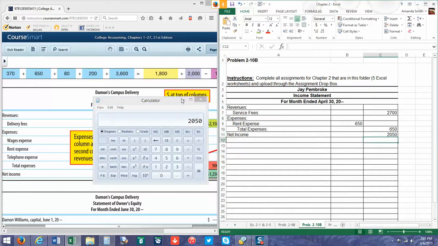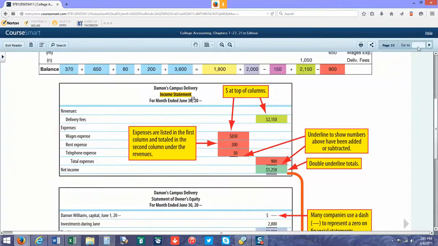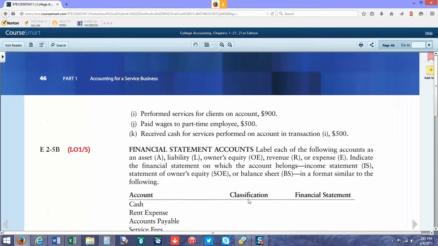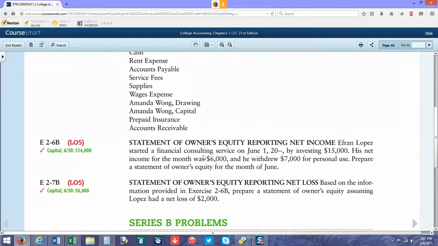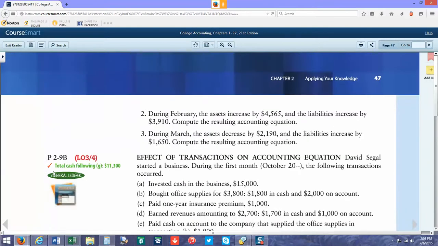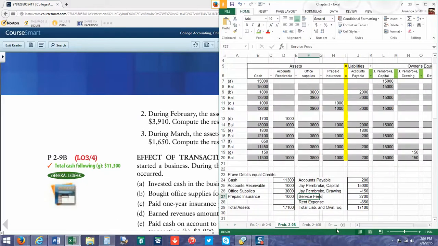If you go back to your textbook, before I forget to show you, I believe it's on the next page. If you look, it gives you amounts in green. So for this checkpoint, it shows that our total cash should be $11,300 for 2-9, which I believe is what we had. That is just checking our work.